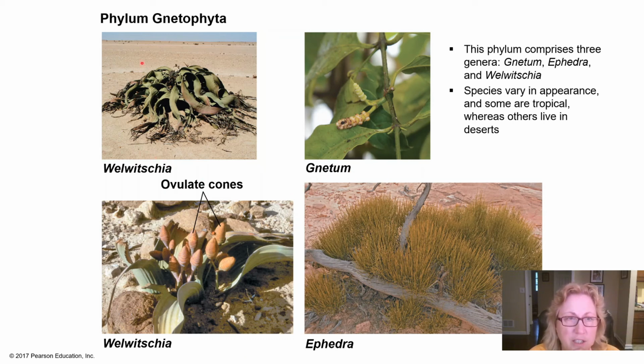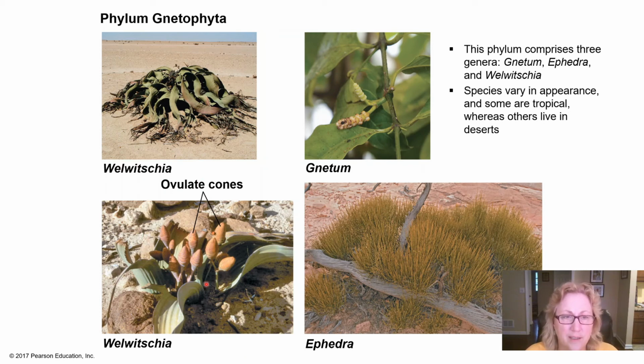Welwitschia are these huge, weird desert plants. Their leaves just continuously grow longer and longer and longer and lay on the ground, and then the ends of the leaves kind of die and get beat up, so you can see these long, long leaves, and then these weird beat up ends of the leaves. They rarely produce cones.